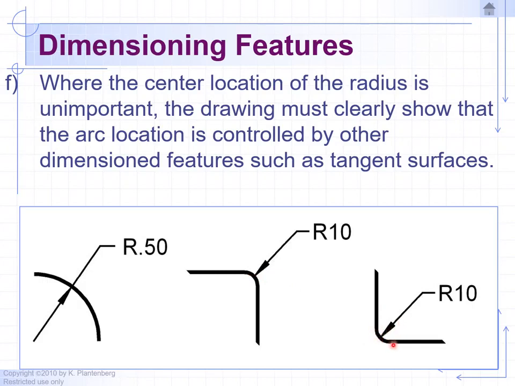We're just rounding off the corner to avoid sharp edges or to give it more stiffness. And we simply do it by calling out the radius. Same thing on the first one here. We have an arc where the center is not important, and we can assume tangency, and all we need to do is dimension the radius of the arc, and you can place the arrowhead on the inside or the outside. Next slide.